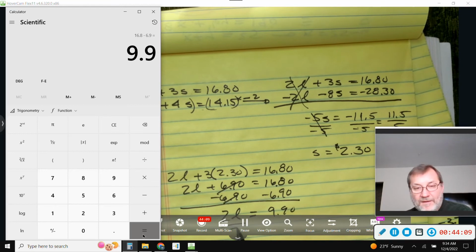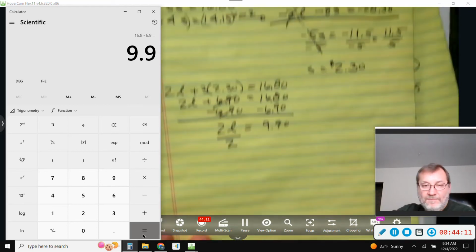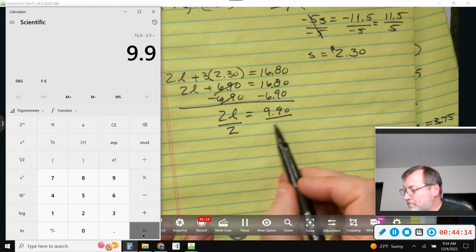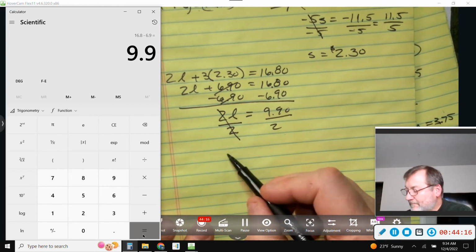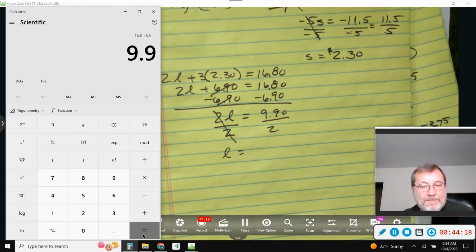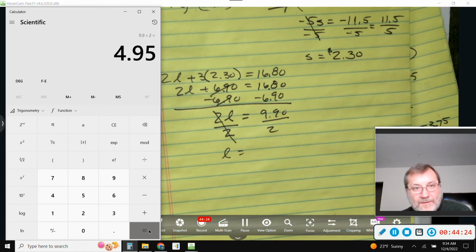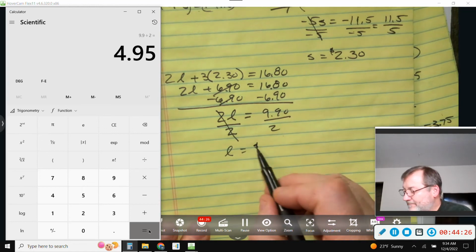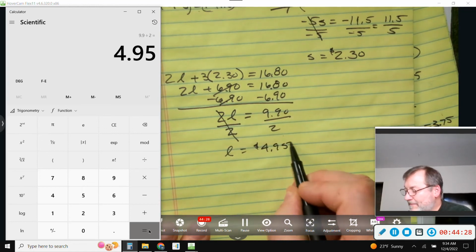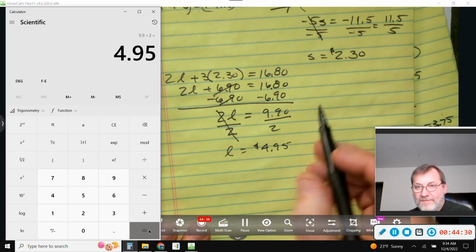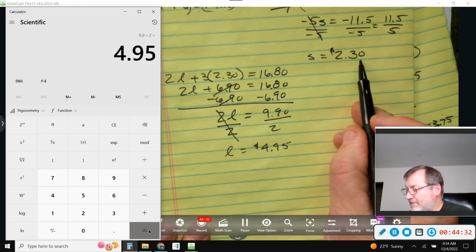Divide both sides by the coefficient of the unknown, and that tells me what L is. So I have 9.9 divided by 2, which is 4.95. So the large posters are $4.95. The small ones are $2.30.